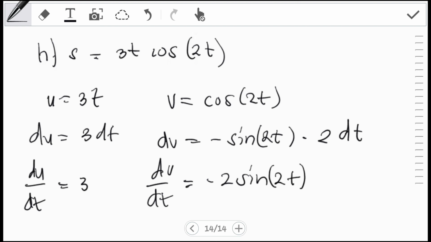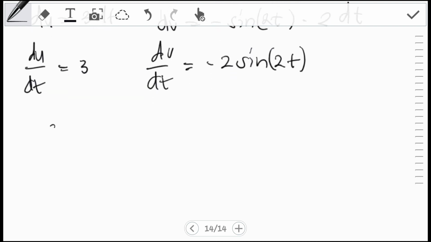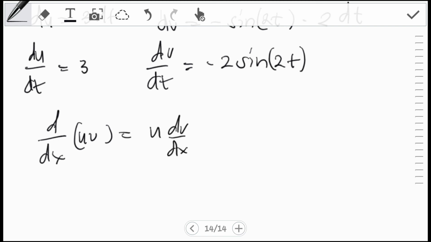Okay? Again, we use this formula. Product rule: d over dx of uv is equals to u dv over dx plus v du over dx.